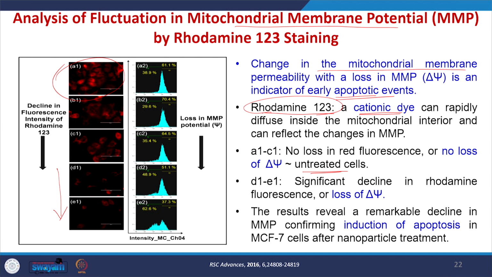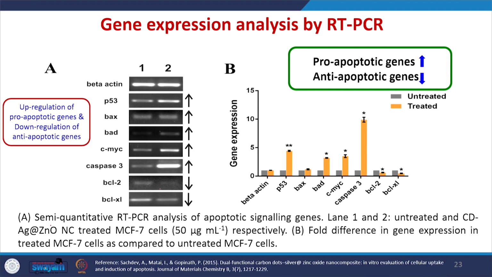So, when compared to the ROS assay, if you are having more fluorescence in this assay, that means the cells are live and the mitochondrial membrane potential is intact, whereas if there is less fluorescence, that means the cell is undergoing apoptosis and that is why there is a loss of membrane potential. Finally, we can also confirm the apoptosis through gene expression analysis. Here we have used semi-quantitative RT-PCR for analyzing the apoptotic signaling genes, and these two genes, BCL2 and BCLXL, are anti-apoptotic genes.